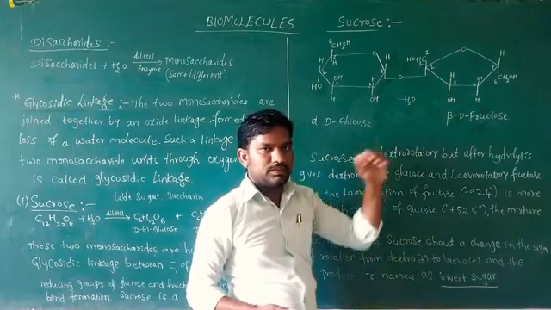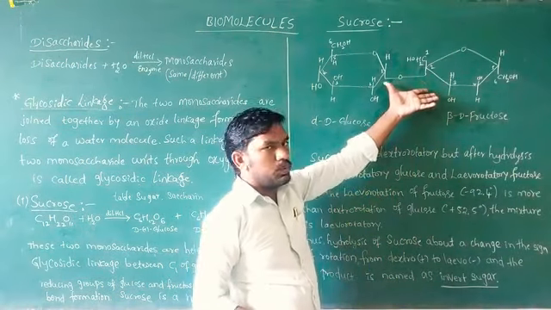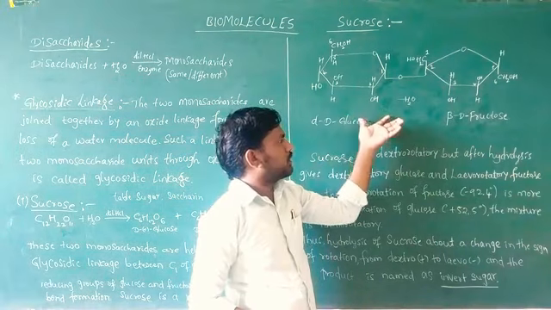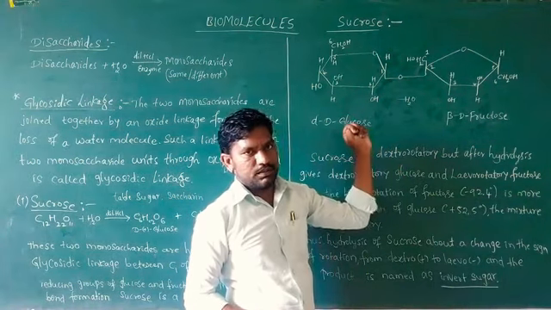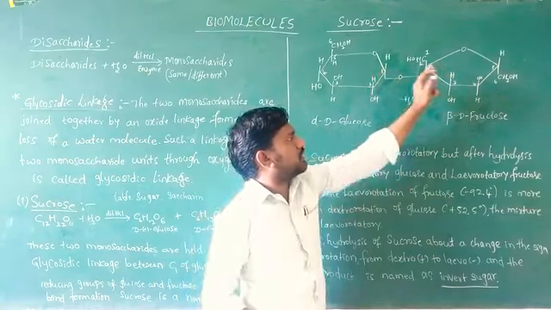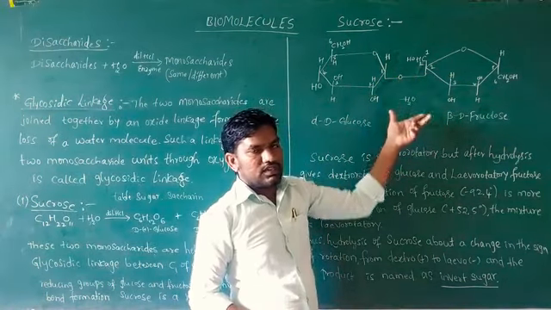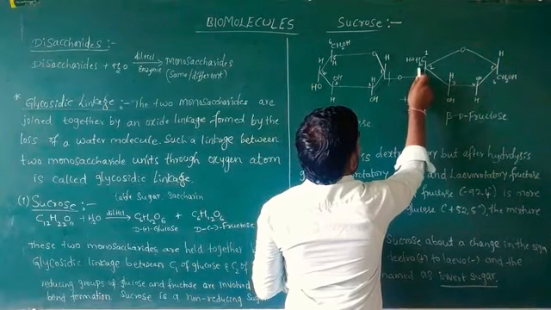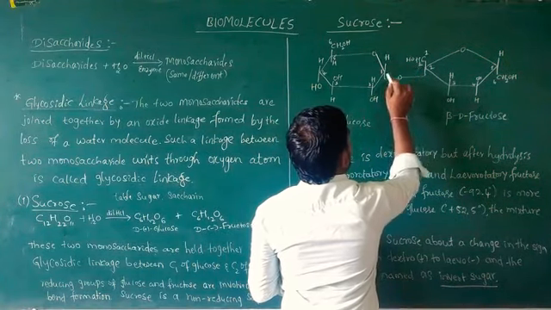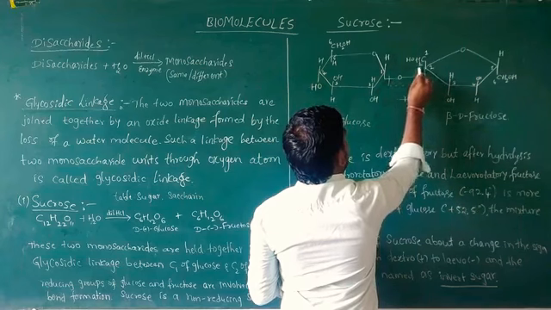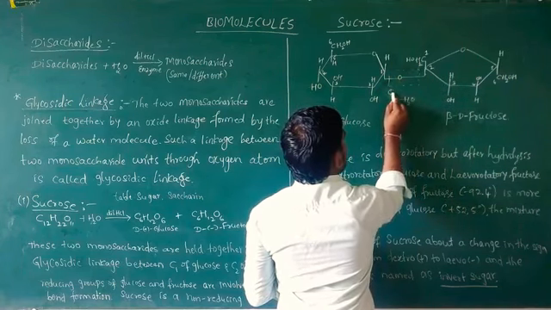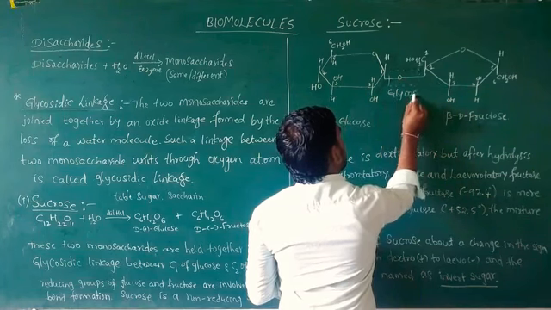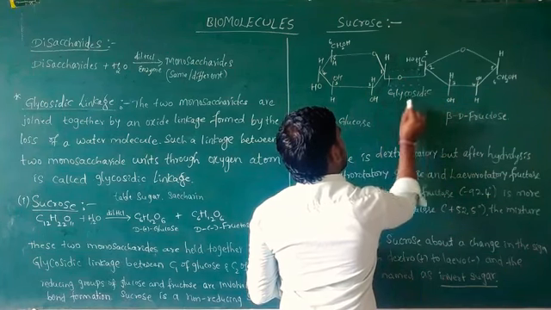An oxygen linkage is formed between the two monosaccharide units, glucose and fructose, at position C1 and C2. This linkage is called a glycosidic linkage.